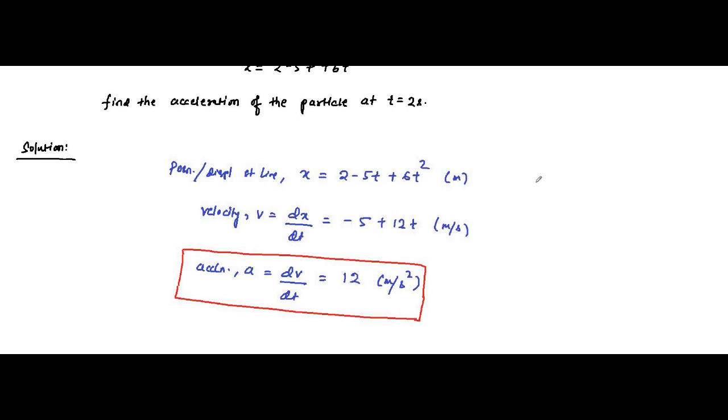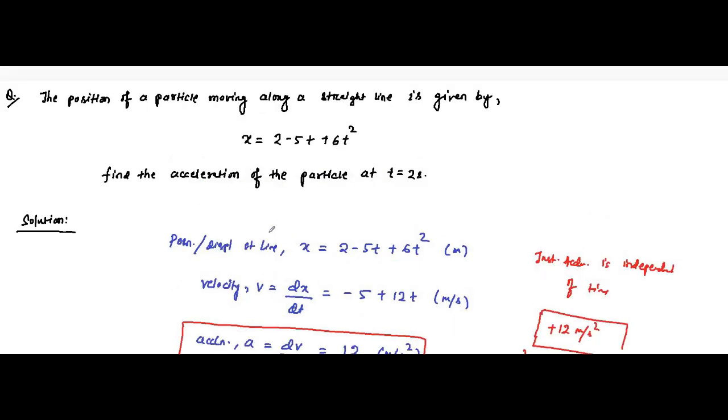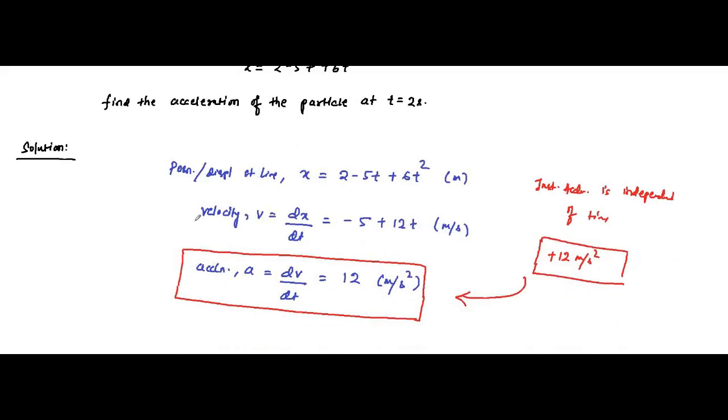So here instantaneous acceleration is independent of time. So it will always be 12 meter per second square at any point of time. Okay, so this is the expression or the value of instantaneous acceleration.